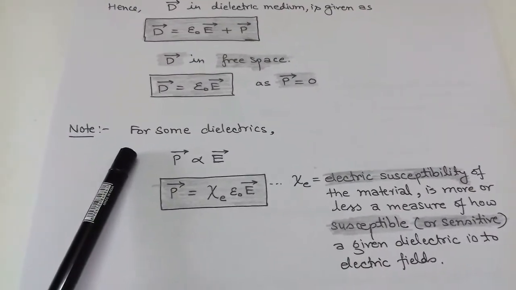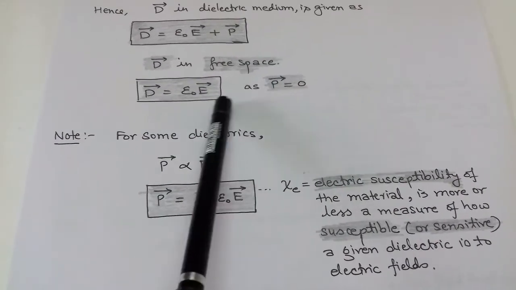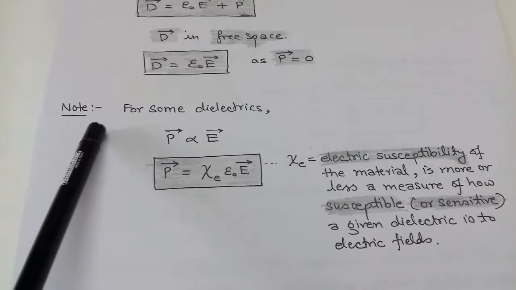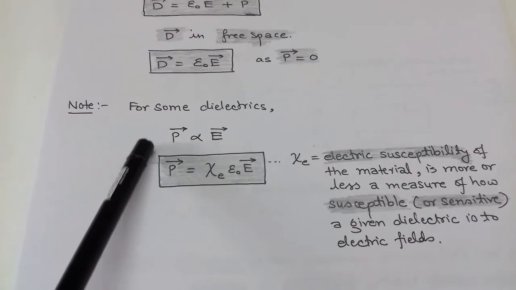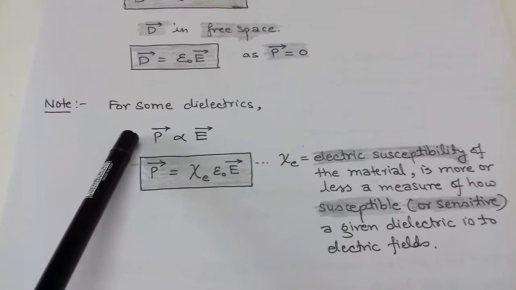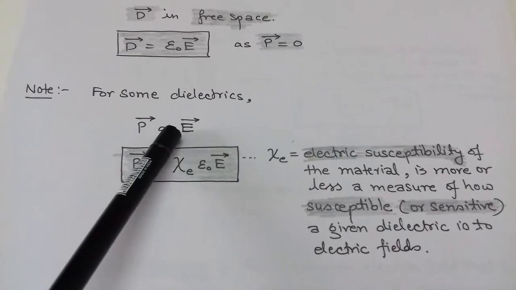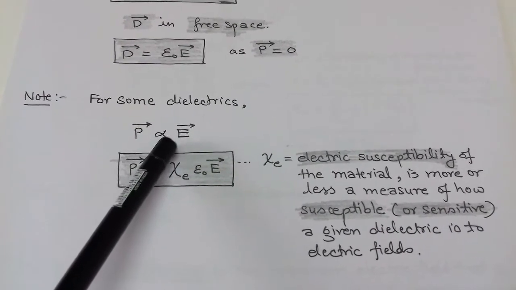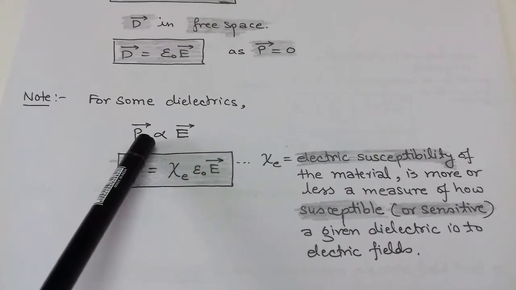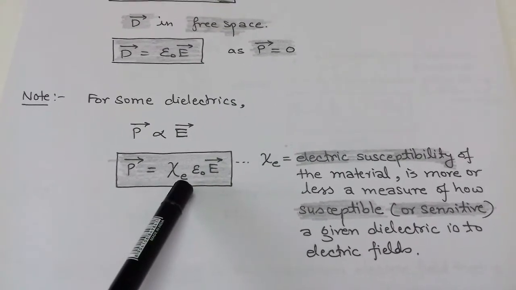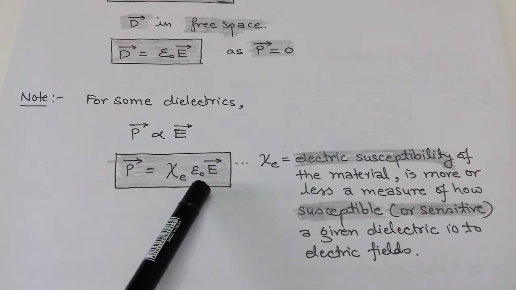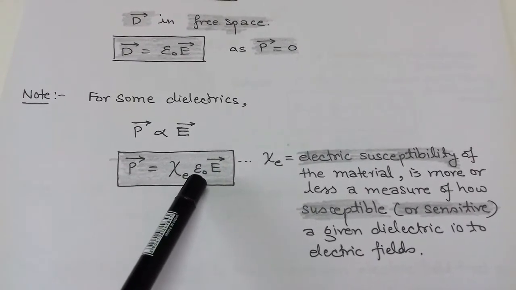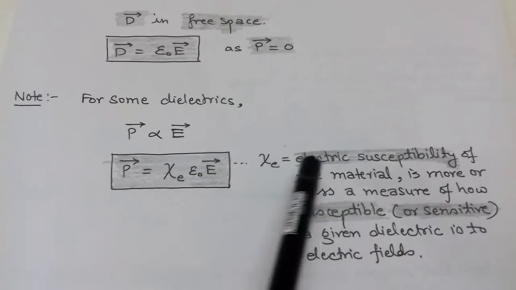We know that in free space there is no polarization, so D equals epsilon E. We know that for some dielectrics, polarization is directly proportional to electric field intensity, that is, the polarization P vector is directly proportional to E vector. So here there is a proportionality constant, psi E into epsilon naught. Here psi E is called electric susceptibility.